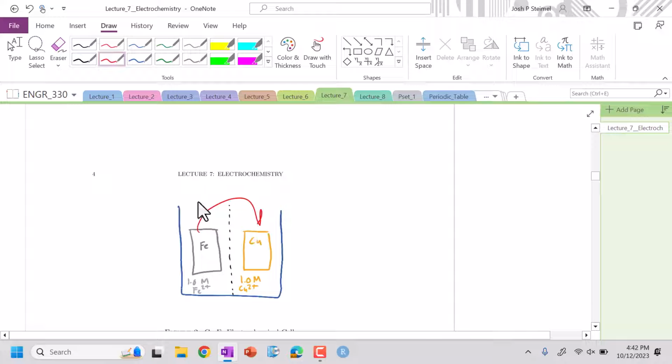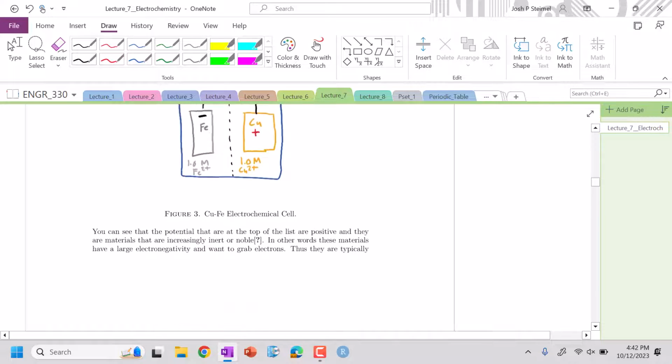So if we set this up as our negative terminal and this is our positive terminal, copper is going to undergo reduction. That's our cathode. Iron is going to undergo oxidation, which is going to give up electrons. So we can actually write a half-cell reaction here. Iron is going to go from Fe to Fe2+ plus 2e-.